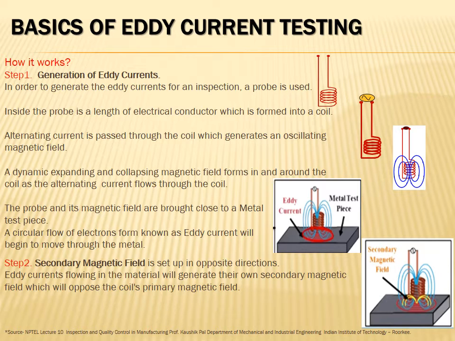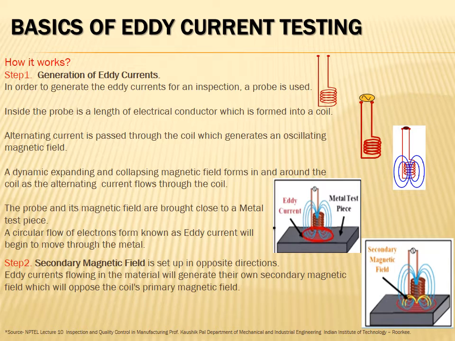When the probe and the magnetic field are brought close to a metal piece, as in the fourth image, a circular flow of electrons known as eddy current will begin to move through that metal test piece itself. The eddy currents are shown in red color in the fourth image.